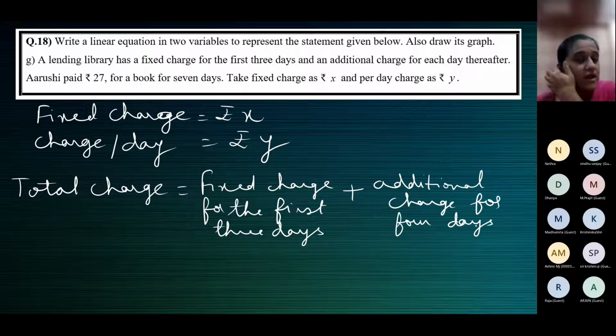First 3 days, and then 7 minus 3. The additional charge will be applicable only for 4 days. Okay, so the total charge is rupees 27. The total charge is 27.